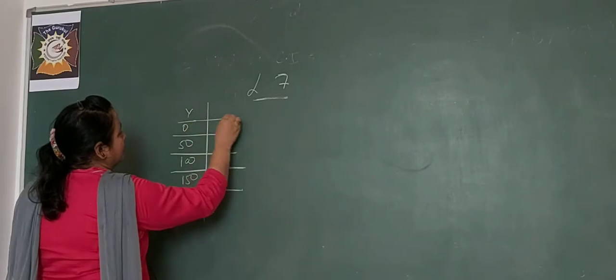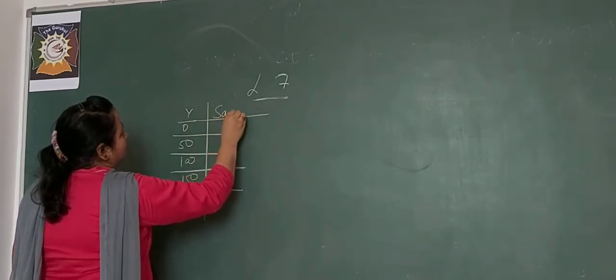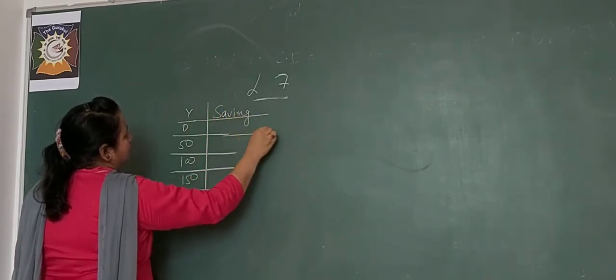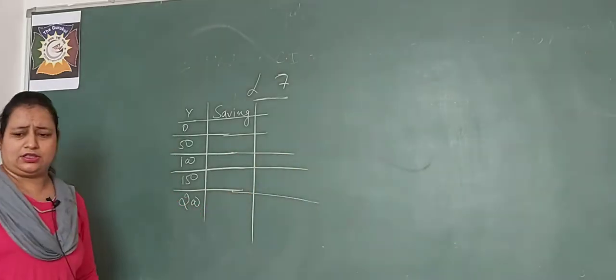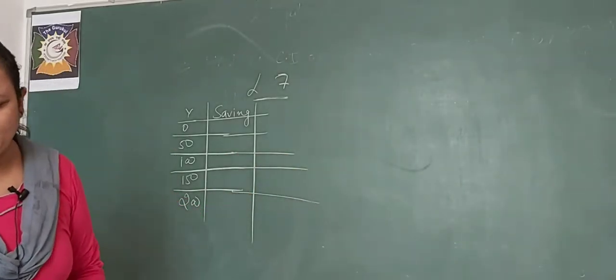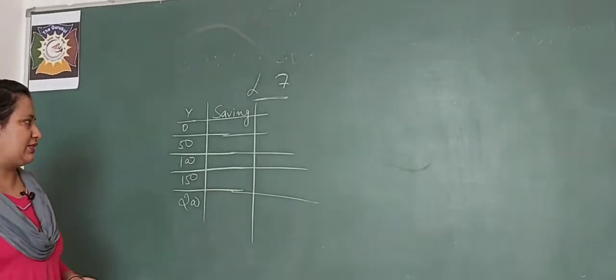Saving is given: minus 20, minus 10, 0, 30 and 60.